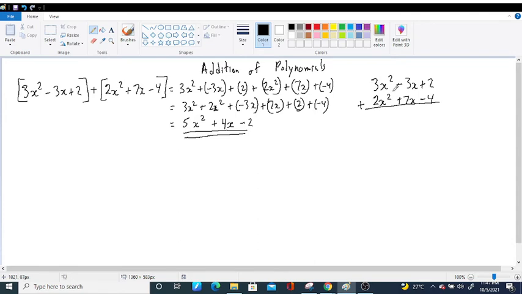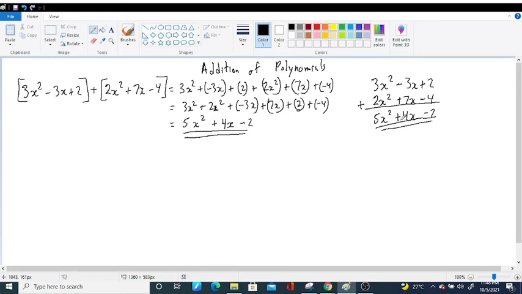And so I'm going to add these terms. 2 plus negative 4 will give us negative 2. Negative 3x plus 7x is 4x. 3x squared plus 2x squared is 5x squared. So this is adding them horizontally and vertically.